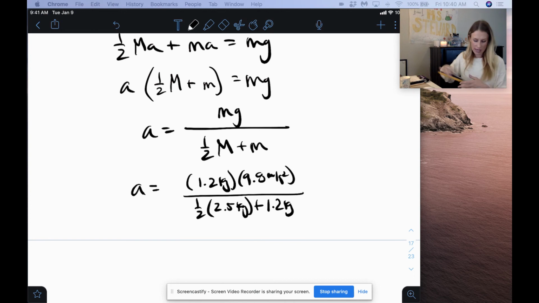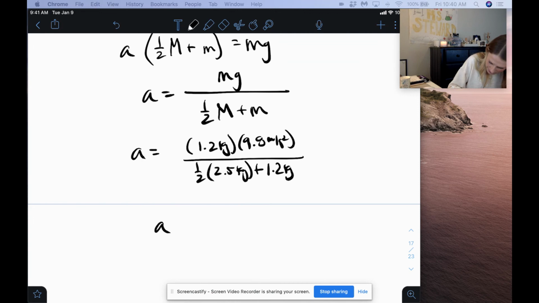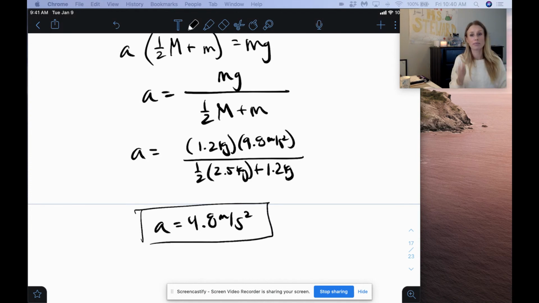So we end up getting 4.8 meters per second squared. So that's our answer for the linear acceleration of the block as it falls down.